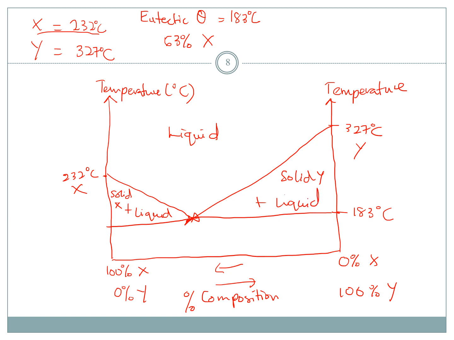And below the eutectic point we have solid X plus solid Y. So at the eutectic point here, we have 63% of X and 37% of Y. So make sure you label all the axes, temperature for axis Y and the percentage of composition on axis X.